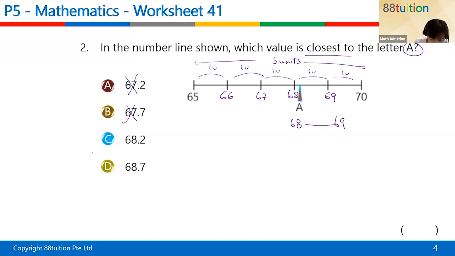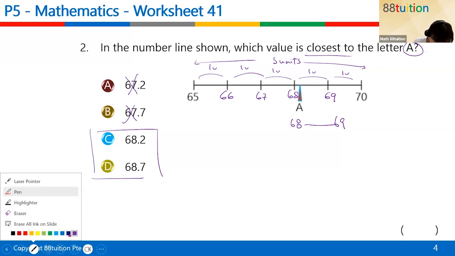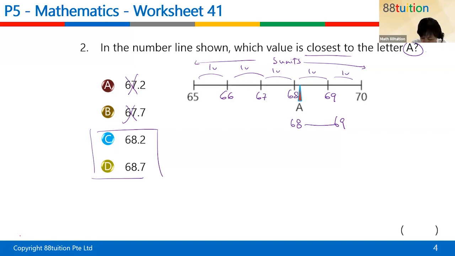Now you have to take into consideration 68.2 and 68.7. You will realize that 2 is nearer, 7 is further away. So what you can do is identify: probably you put 68.2 here, and where do you put 68.7? Probably 7 will be here.